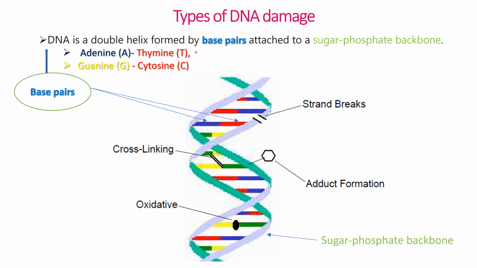Any chemicals which can alter the identity of these base pairs, meaning adenine, thymine, guanine or cytosine, can damage the DNA. Now the question is, which type of chemicals can alter the identity of these base pairs? To understand the same, we are going to discuss the structure of these base pairs in the next slide.